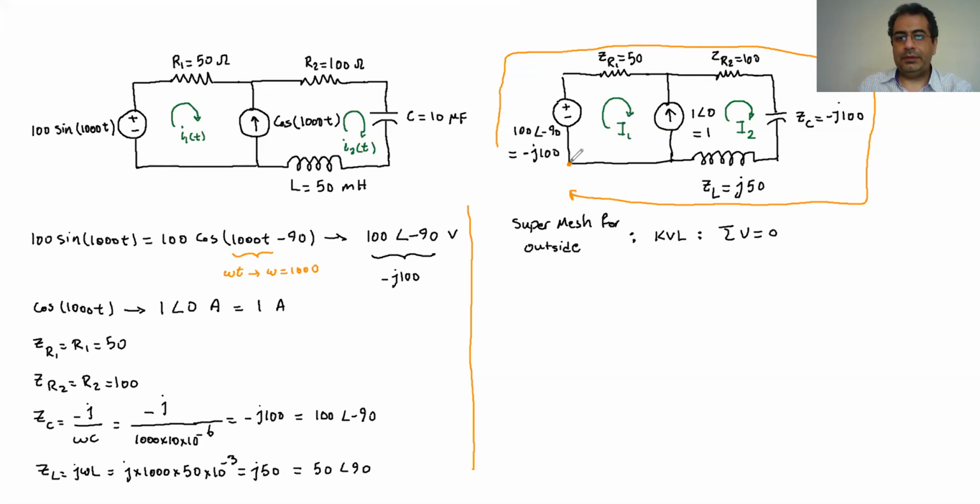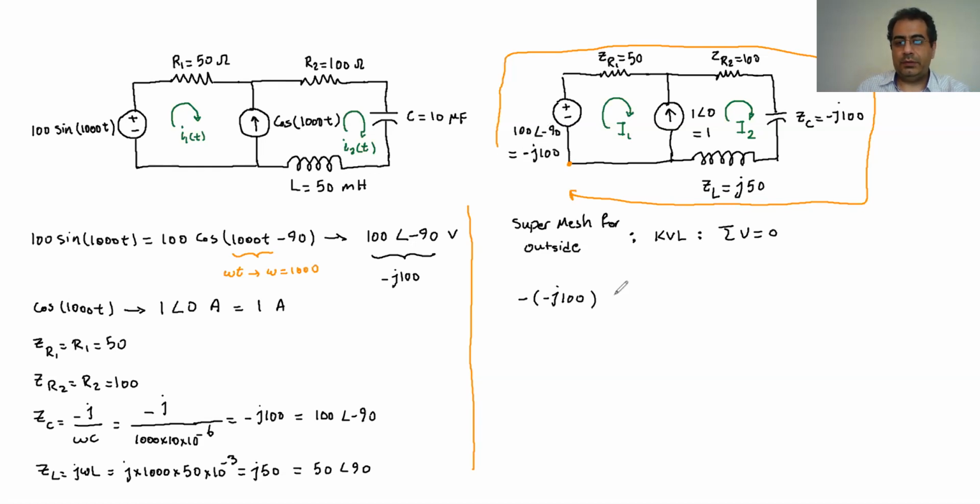If I start from here, the very first thing I have is this one, so I first hit the negative sign. It's going to be negative, and its magnitude, I put it in rectangular form because I'm going to add them together. It's easier. So it's going to be negative J100. So this is this voltage here.